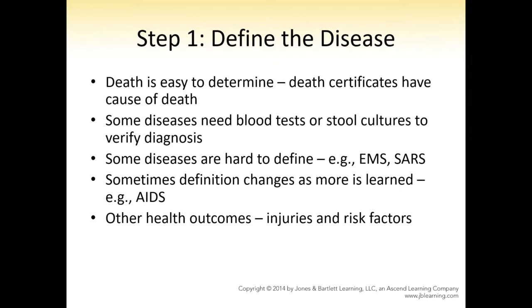But some diseases are pretty hard to define, and as you can see here, SARS is on here. And I don't know if you know, but SARS and COVID are related. And so COVID is also difficult to determine. If you remember when it first came, it was hard to determine which were COVID. And then sometimes definition changes as more is learned. So this is before your time most likely, but when AIDS first became a thing, it was called AIDS.